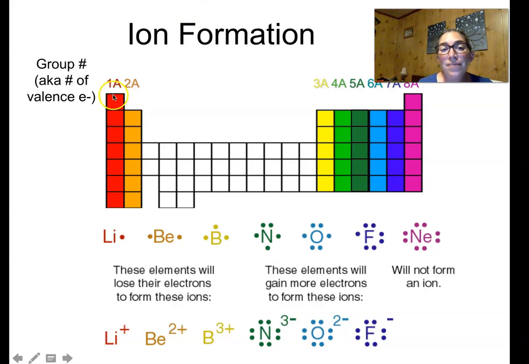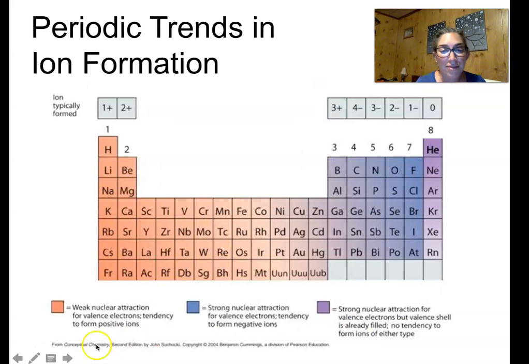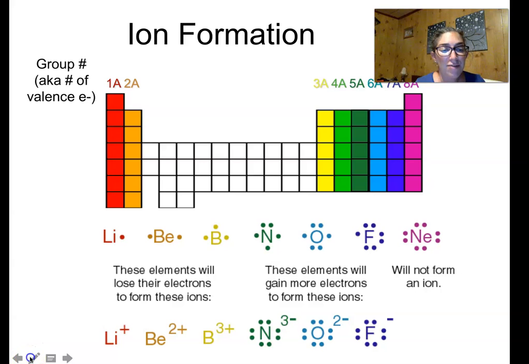So sodium, our reference one, and everything else in group 1A, they all have 1 valence electron. And so it's a lot easier for them to lose 1 electron than to try to gain 7 electrons to have a full octet. So group 1 elements will all lose that 1 electron, and then they'll end up with a positive 1 charge.